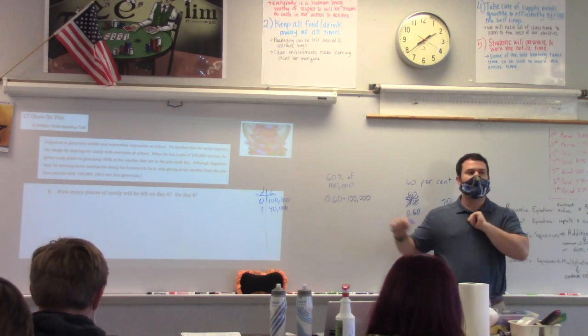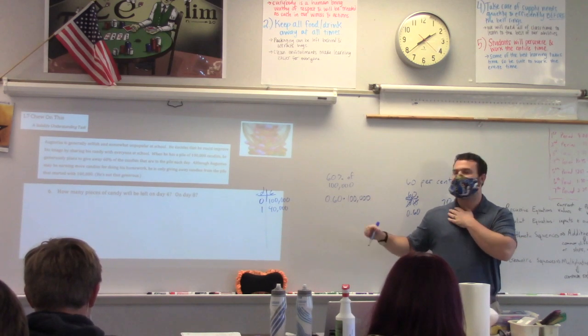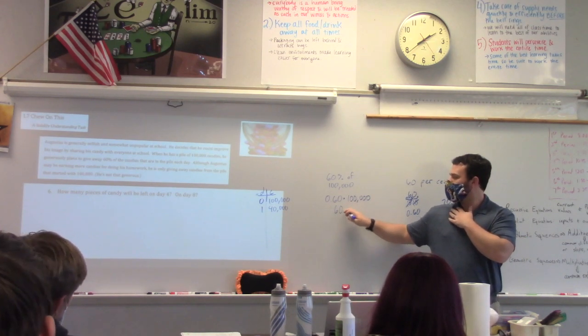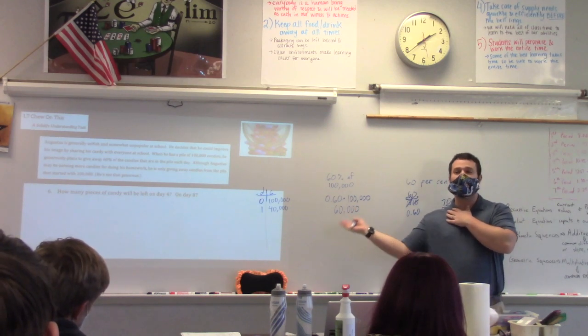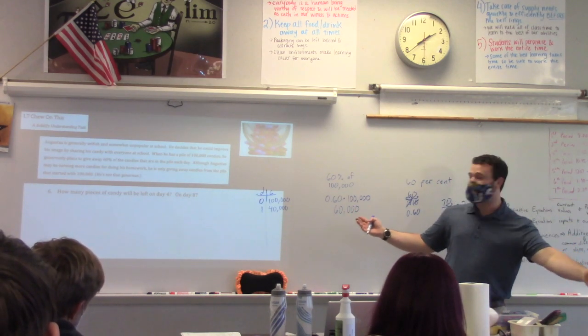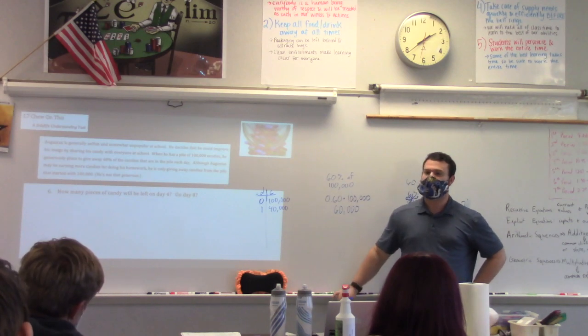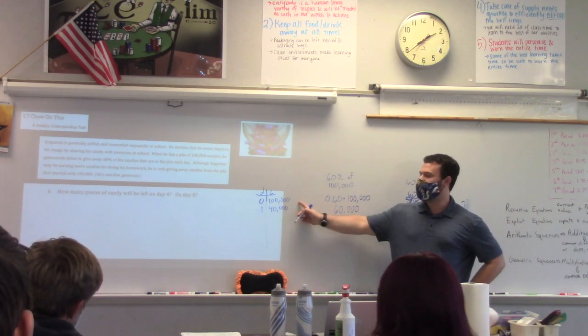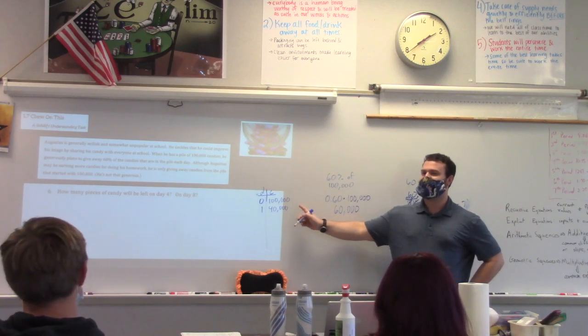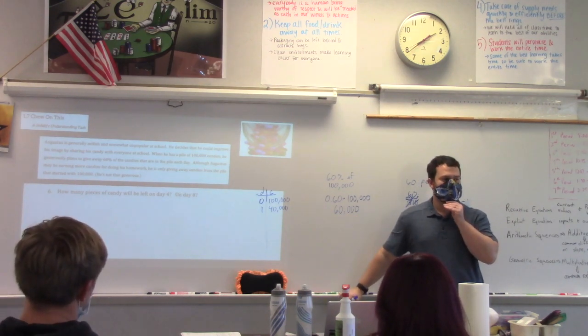Close. 60% of 100,000 would be 60,000. Notice that's how much he's given away. Now, once he gives away 60,000, how much is he left with? He had 100,000. He gave away 60,000. He's left with 40,000, right?